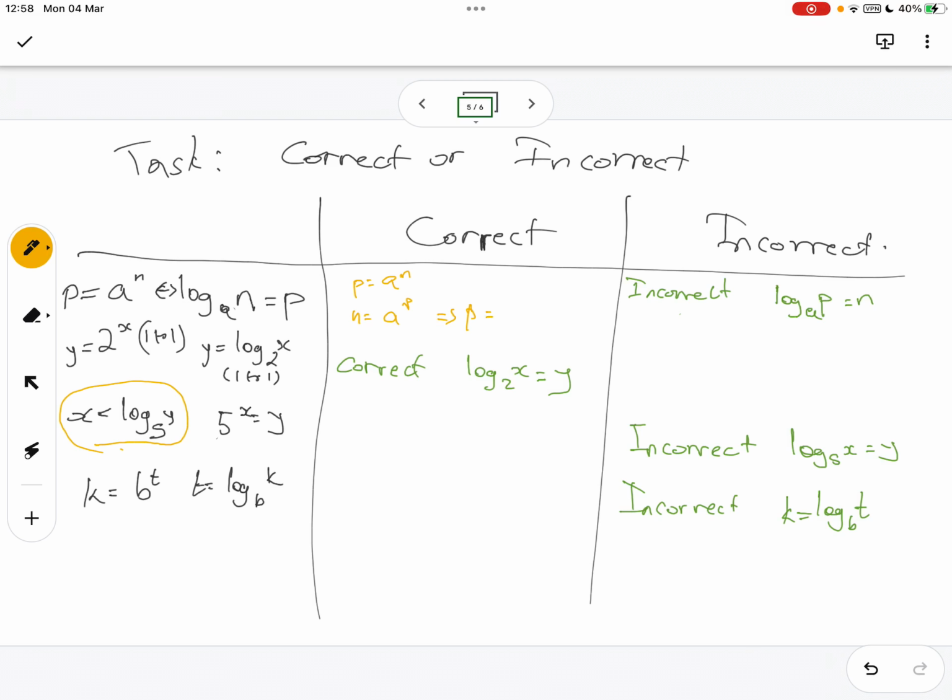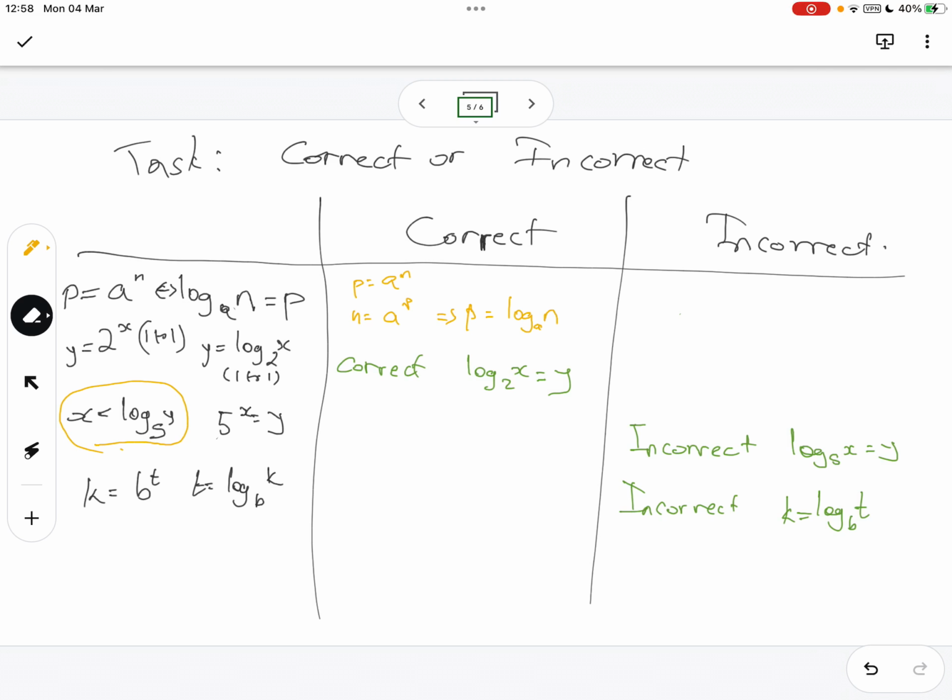Then we make p the subject of the formula. So then it becomes p equals log n base a. So it is correct. Well done for spotting that. Thank you. I saw something was up here.